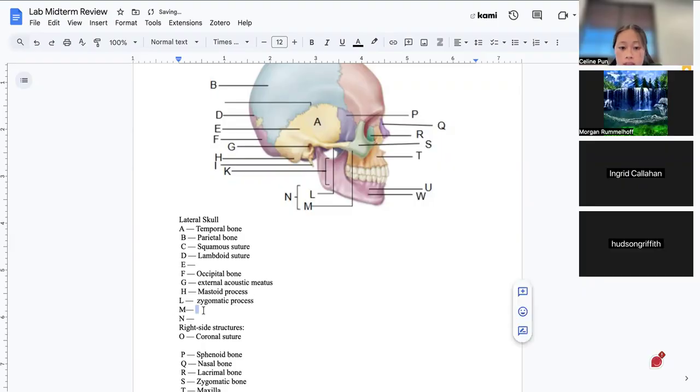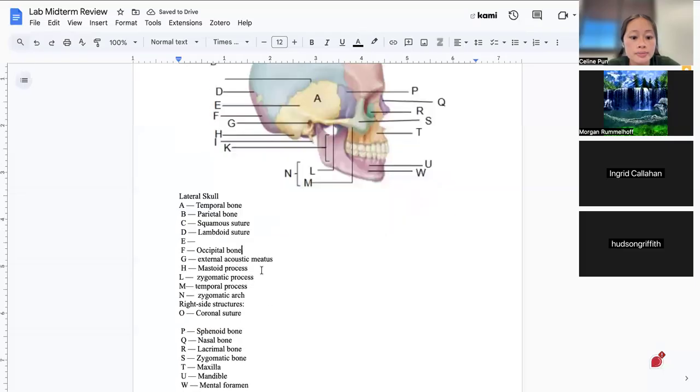And M is another process. And N is when you add them together, it's called a zygomatic arch. So if you ever want to compliment someone on their cheekbones, you could say you have a nice zygomatic arch.